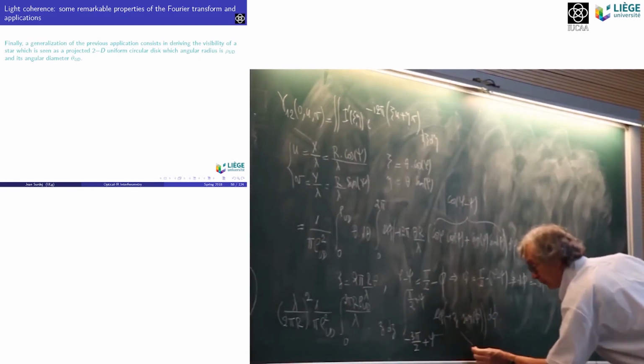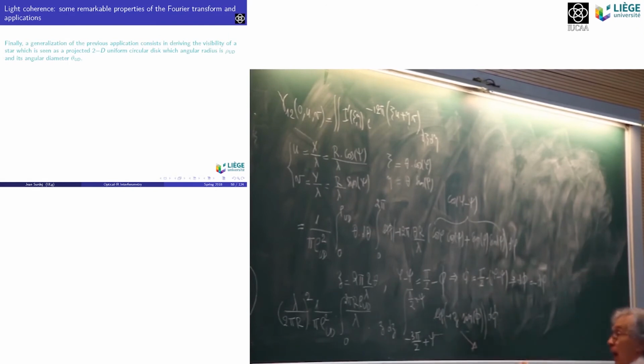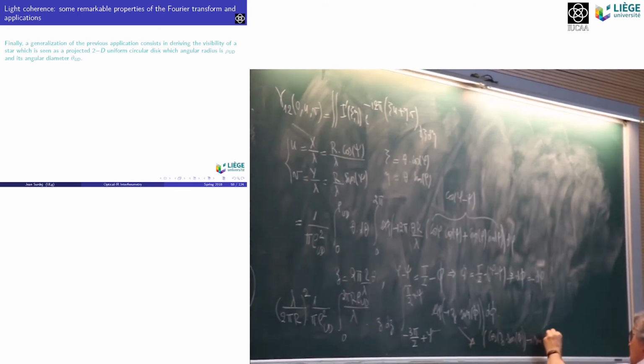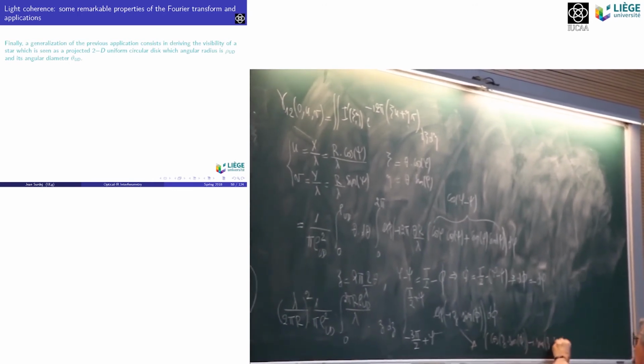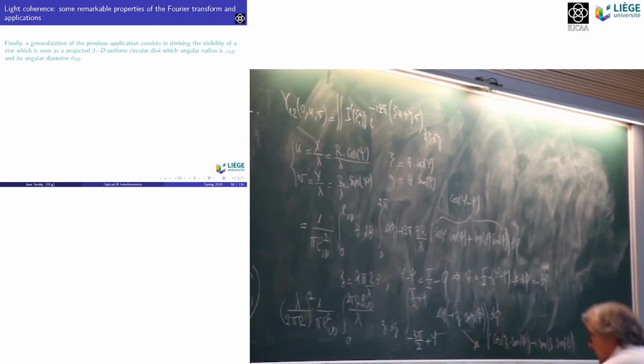I can develop it as follows: it's the cosine of z times sine big phi, minus i times the sine of z times the sine of big phi, like that.